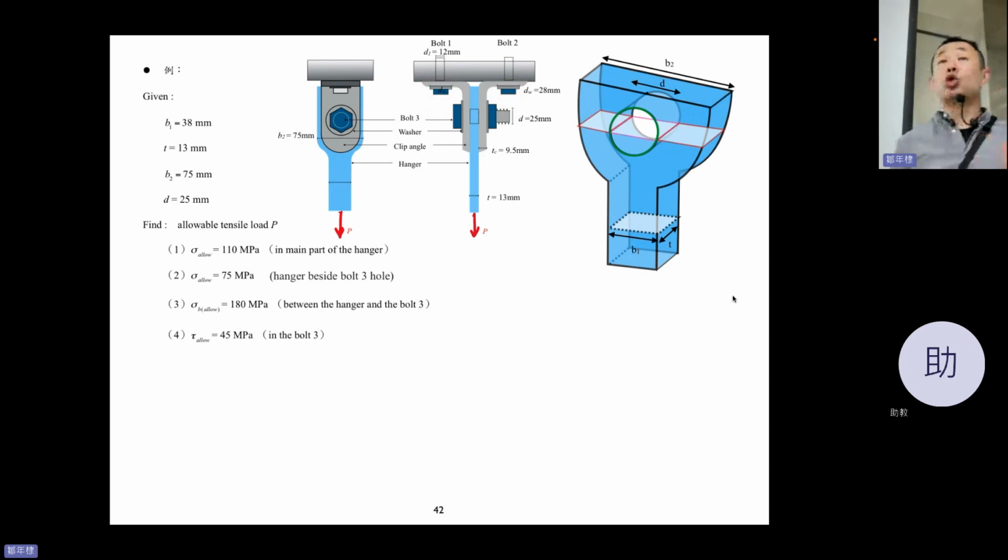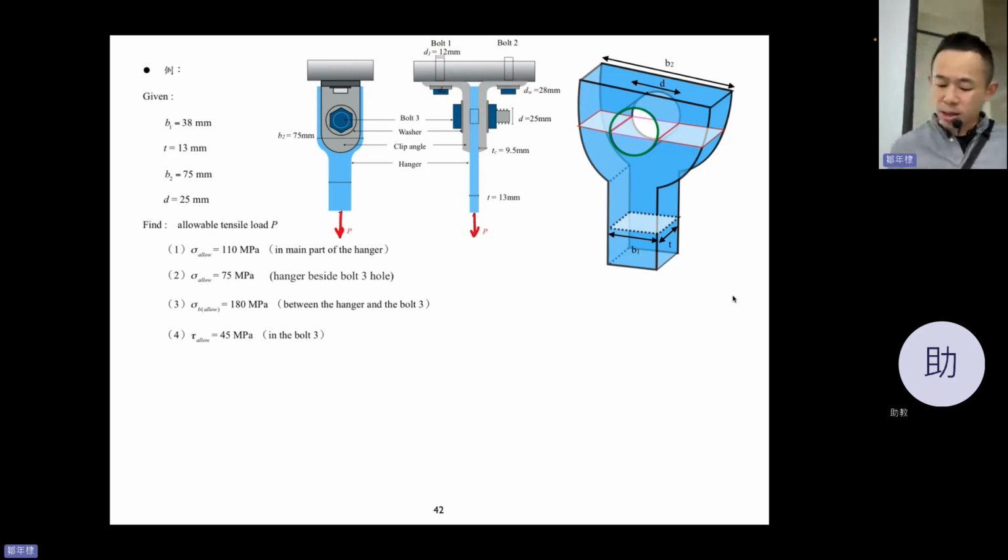You have two bolts, bolt 1 and bolt 2, fixed on the ceiling. Bolt 3 looks like this, and this one is called a washer, and the blue part is the hanger.